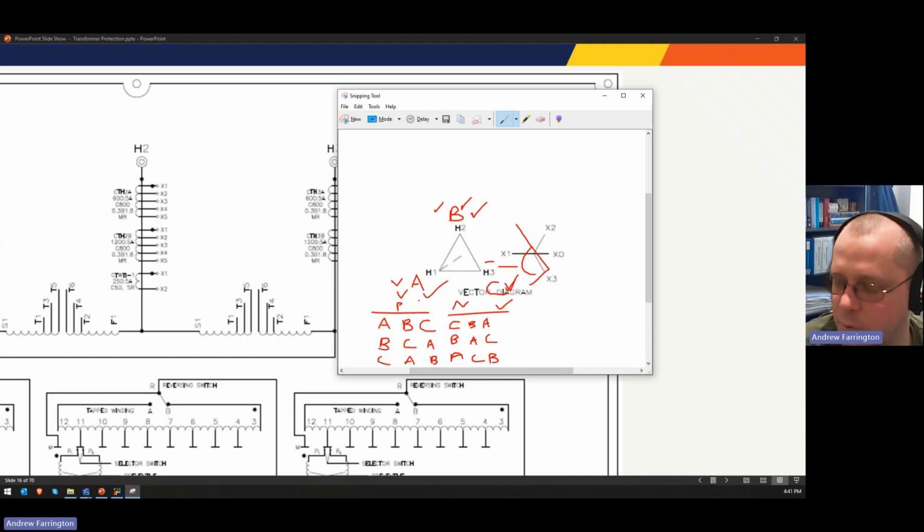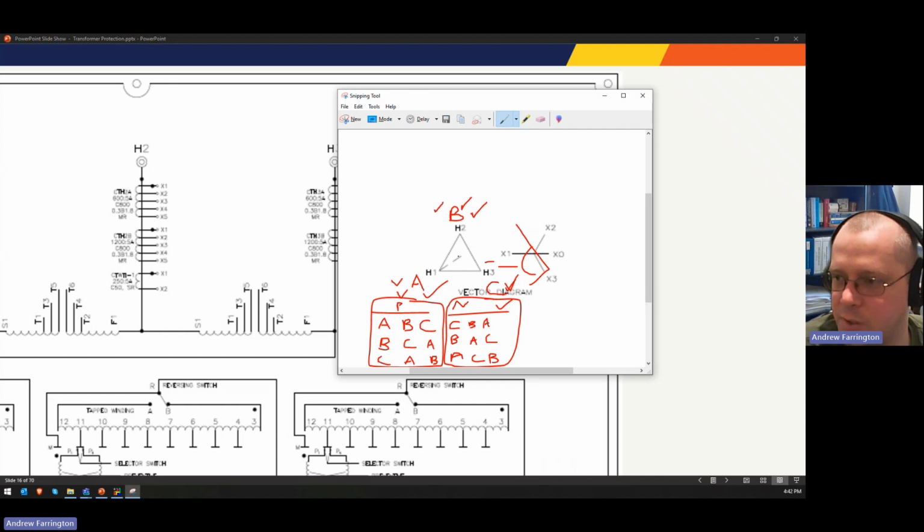So if your phase connections to the high voltage winding are any of these, then your phase shift matches the vector diagram. If it's any of these, then your phase sequence does not line up, it's reverse, and your phase shift will be the other direction.